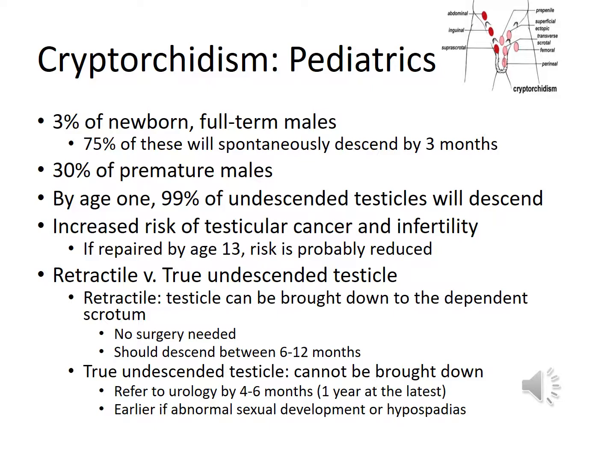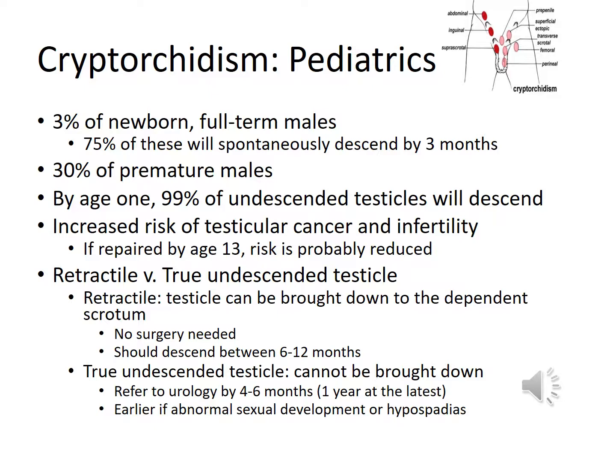Cryptorchidism, which is undescended testicles in the pediatric male population, can occur in about 3% of newborn full-term males, and about 30% in premature males. By the age of 3 months, generally 75% of the cases are resolved because the testicles spontaneously descend. By the age of 1, 99% of undescended testicles should be descended.